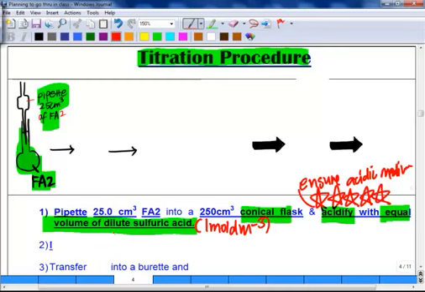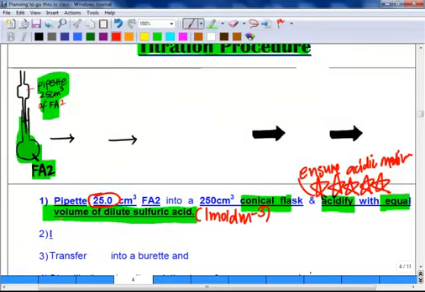Every time you pipette out 25, you just need to add another 25 cm cube of sulfuric acid. Just equal volume, just to ensure that it's in excess. If you want to use 30 cm cube, 50 cm cube can, but 50 I think is too much. Later you swirl the conical flask, every solution will just fall out of the place.